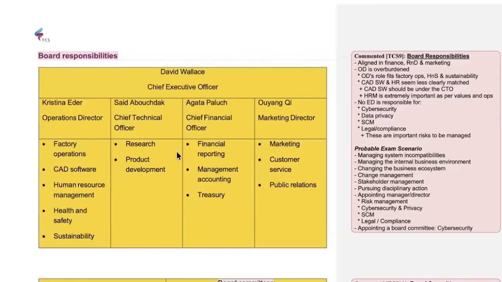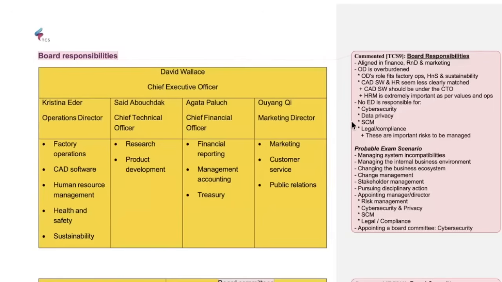So since the CTO is conducting research elements or providing leadership to research elements, it makes sense to ensure that the same individual is managing affairs in terms of changing or upgrading the CAD software. So rather than the operations director looking into these affairs, I think it makes sense if these responsibilities are transferred to the CTO. So that's exactly what I've highlighted here.